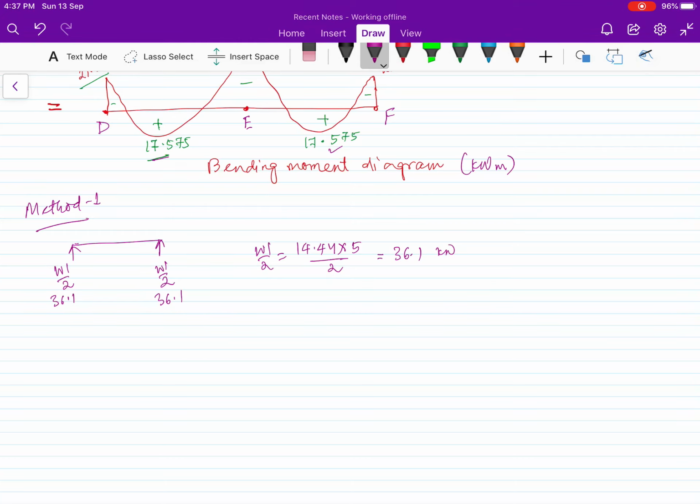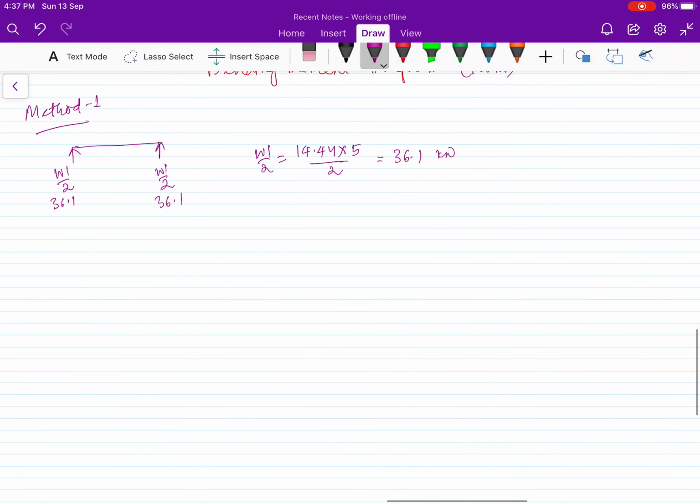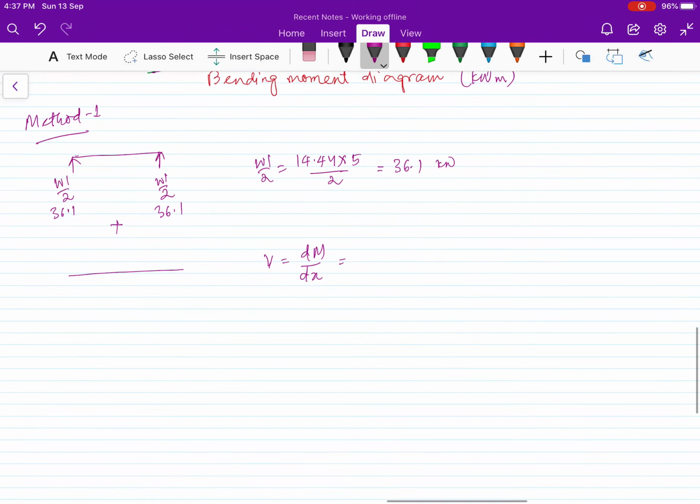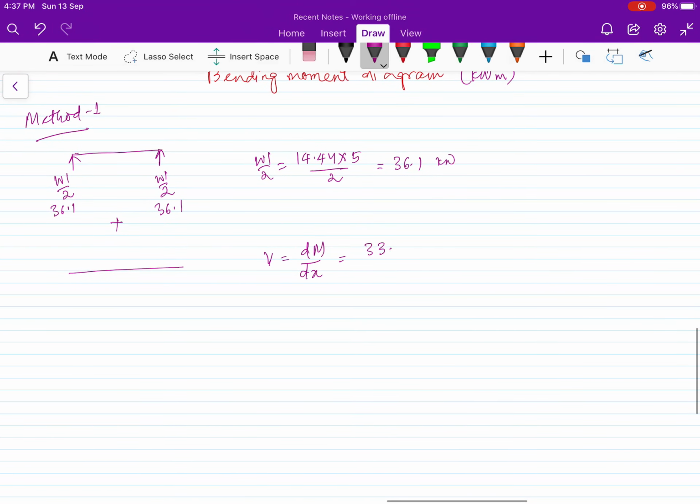Then for the negative moment, we are going to add. For the negative moment, we know shear force is the difference of the moments divided by the distance. So we have 33.25 and 21.85. The difference of these two moments is 33.25 minus 21.85 by the distance, 5 meter.